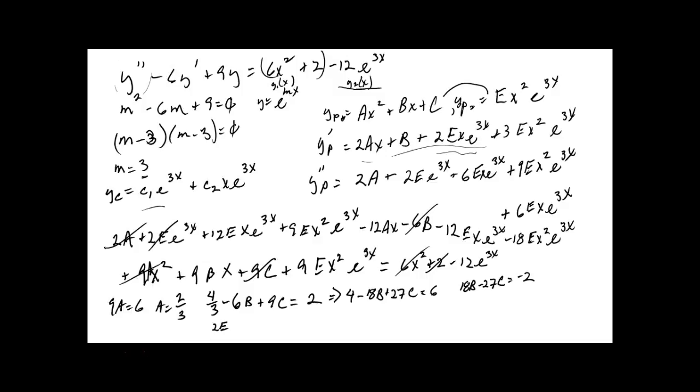Minus 12 e to the 3x, that's the other side. So it'll be equal to minus 12. I think we can figure that one, can't we? E is equal to negative 6. That doesn't help us there any, but it helps us there. So we got A, and we got E, and we got some combination of B and C.